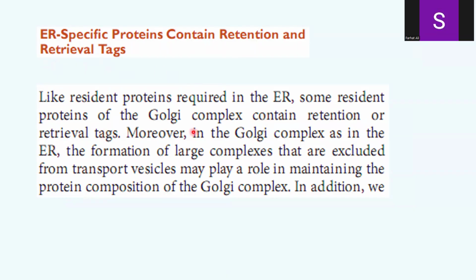So they contain a retrieval tag or a retention tag. This is a specific sequence of amino acids on the protein which helps in retaining the proteins inside the endoplasmic reticulum. In this manner, the ER proteins do not go to other destinations. They are retrieved back to the endoplasmic reticulum.